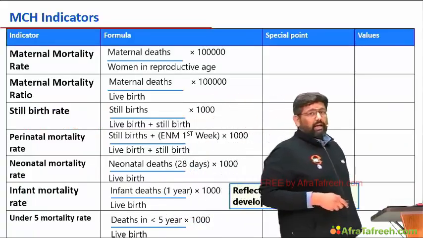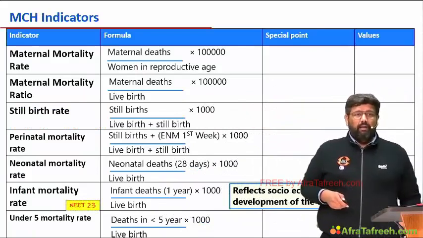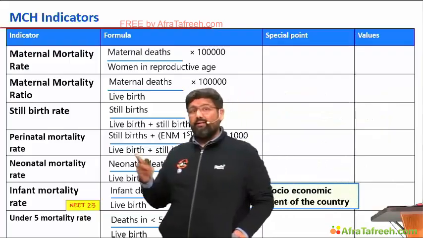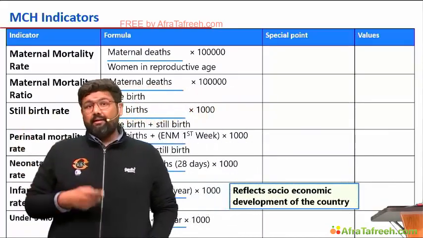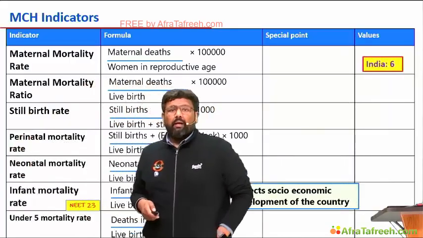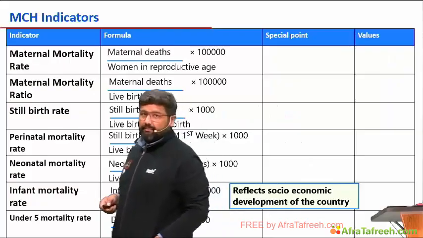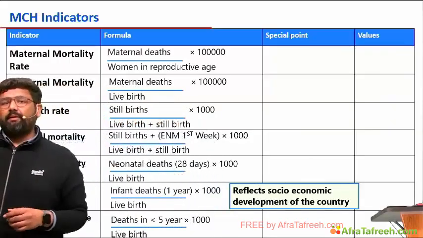Now, MCH indicators. Maternal deaths divided by women in reproductive age is maternal mortality rate. Maternal deaths divided by live birth is maternal mortality ratio. Stillbirth divided by live birth plus stillbirth is stillbirth rate.